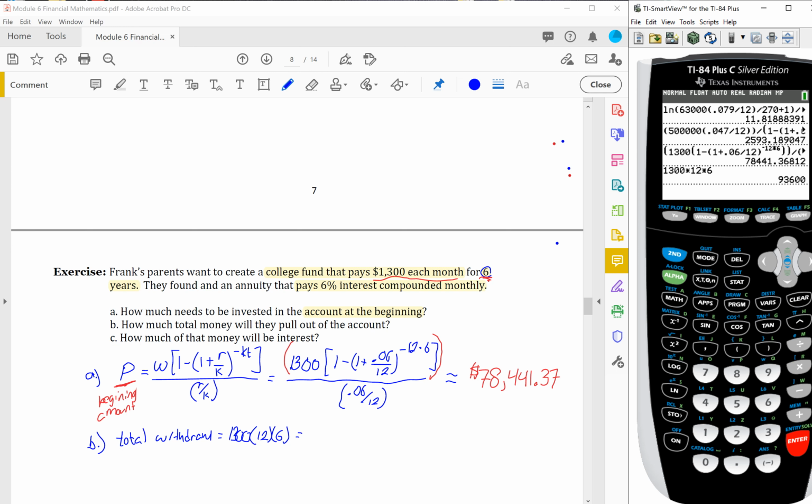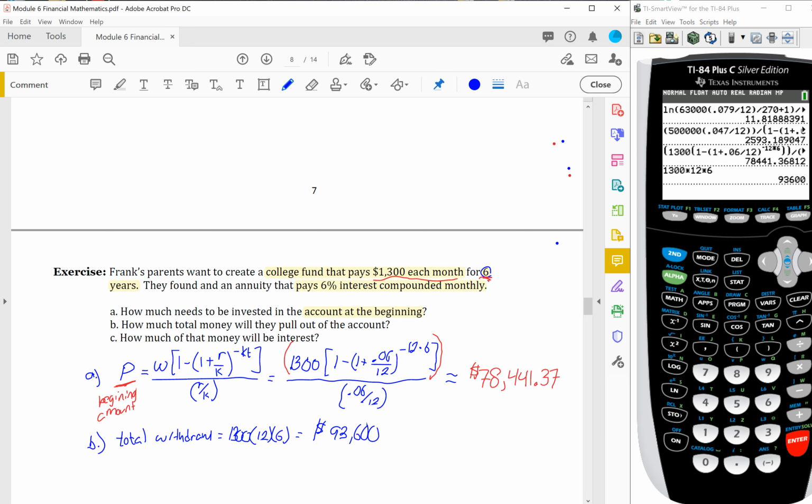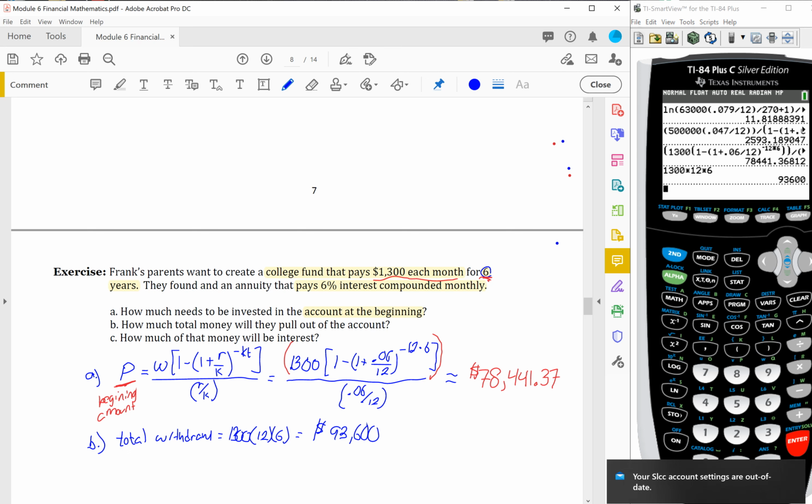So I get that you withdraw a total of $93,600. That's the amount of money that you withdraw out of your account over the 6 years, which is more than your account started with at the $78,000.